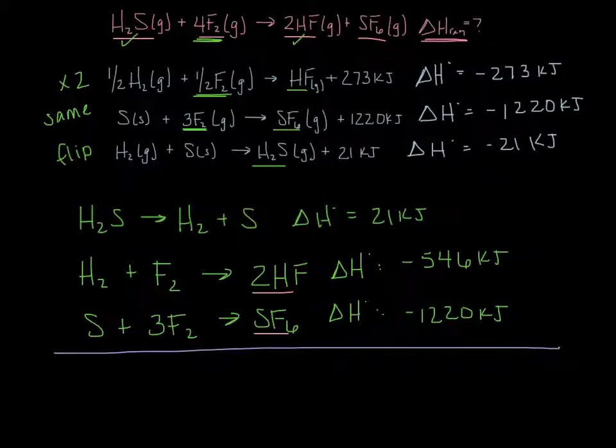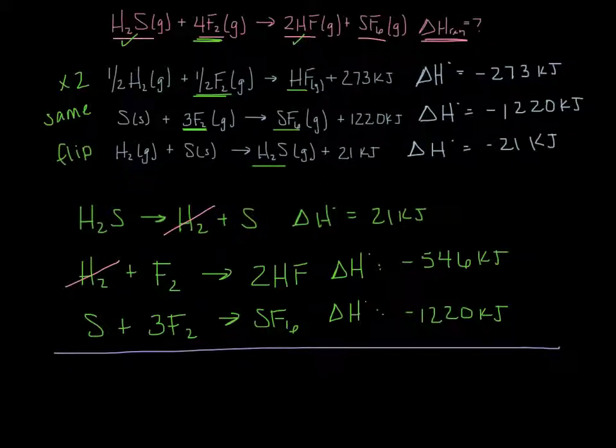So now I move on to my H2 and my F2. H2 doesn't cancel anywhere. Oh, nope, sorry, it does. I've got H2 right here, and so I've got an H2 reactant and an H2 product, so those cancel out.